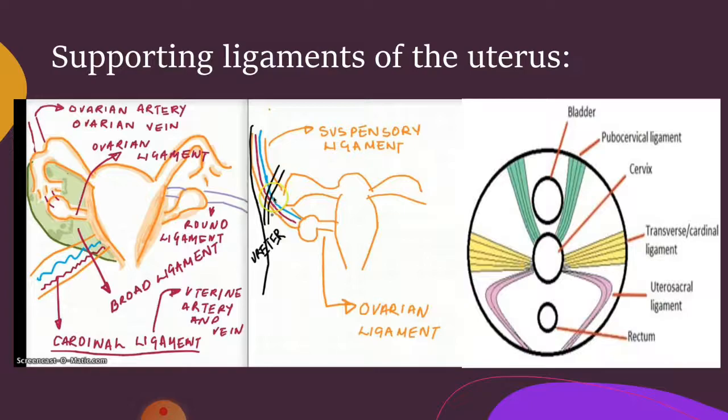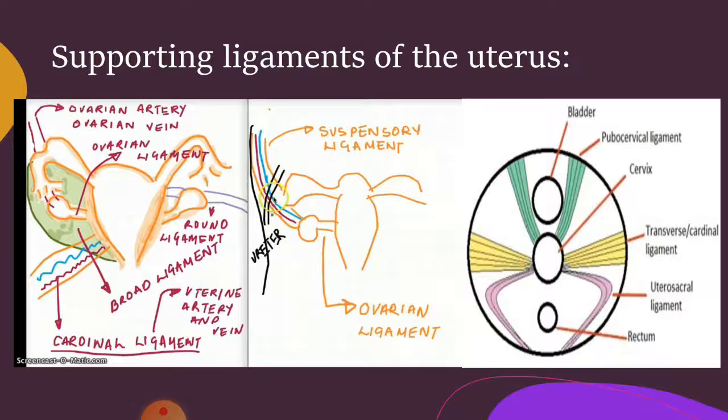The next ligament that we are going to discuss is the round ligament, and here you can appreciate the round ligaments. The round ligament is basically a band of fibrous tissue between the two layers of the broad ligament that will also be lying one on each side, and they will pass to the sides of the pelvis.